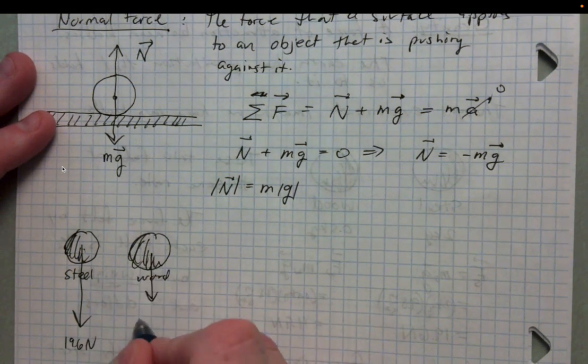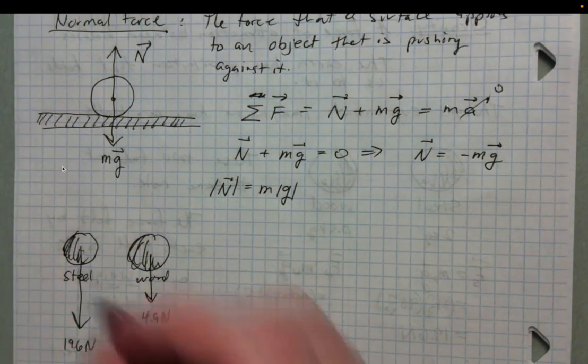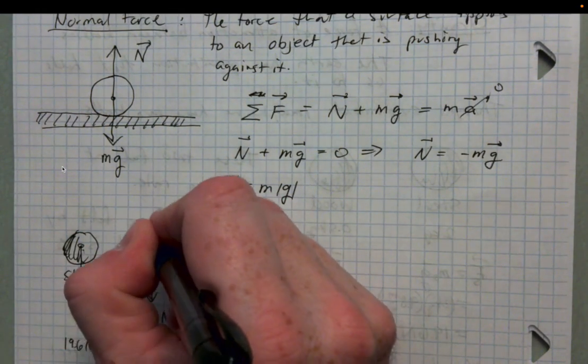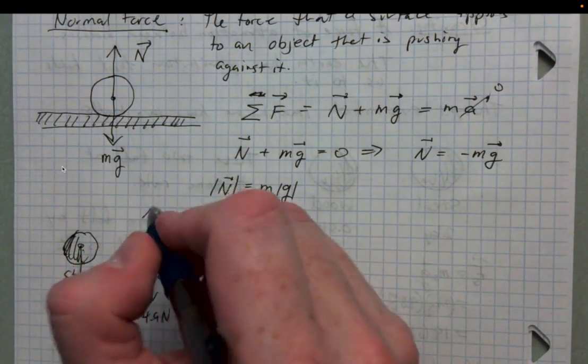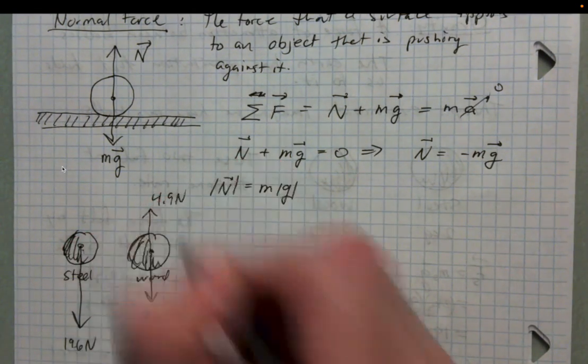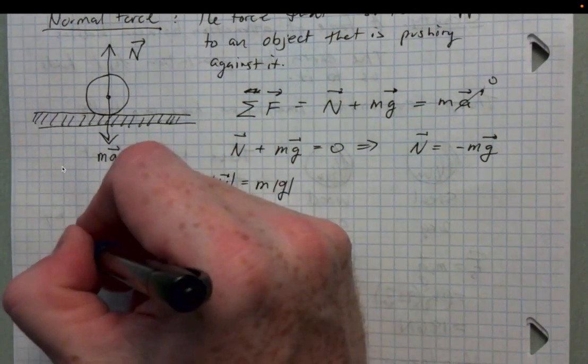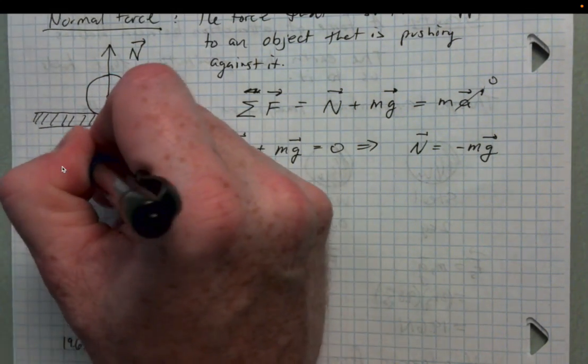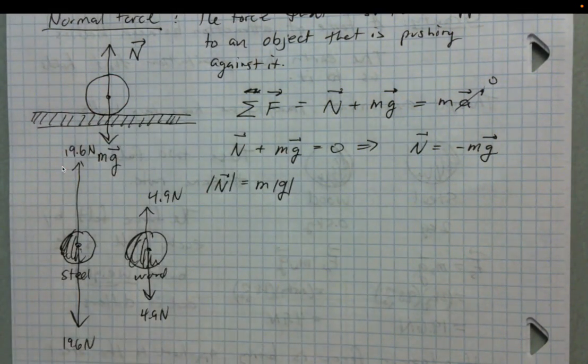The wooden one has 4.9 newtons. And so because the ball isn't accelerating downward, or upward, we know that the normal force is going to exactly offset it. They're going to balance out. And so what that means is that the table will actually vary the normal force depending on what is required in the moment.